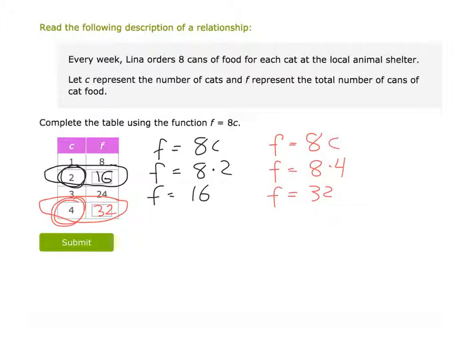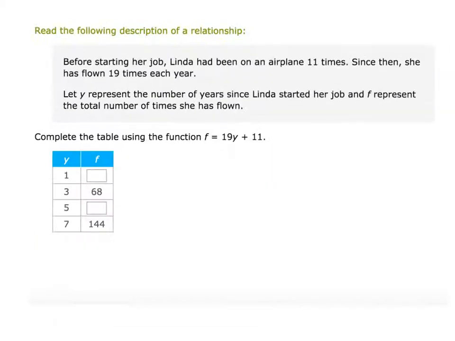All right, that concludes the example for multiplication. And now our last example will be multi-step, adding and multiplication. So here we go. We're going to read the following description of a relationship. Before starting her job, Linda had been on an airplane 11 times.